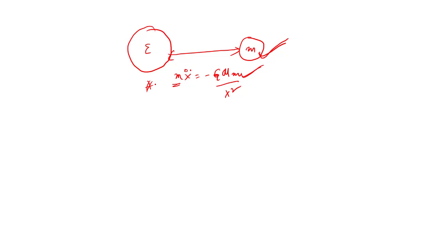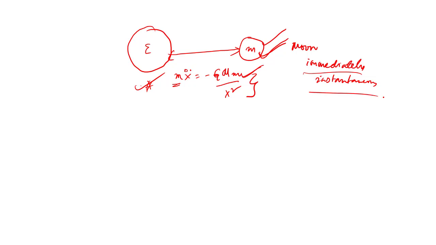Then according to this equation, the moon would feel that effect immediately or instantaneously, right? So if Earth were to disappear right now, then the moon would feel that effect instantaneously, according to Newton's law, because Newton really didn't consider what is in between.